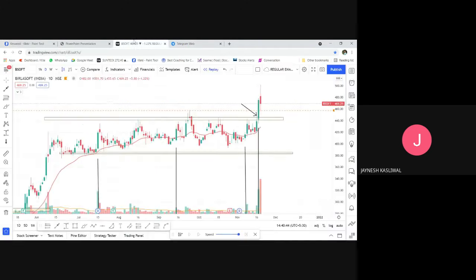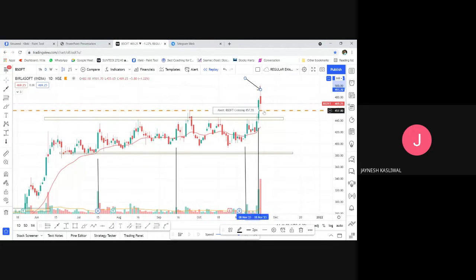Now, if you did not enter on this breakout at around 460 rupees, then it will be complete foolishness if you buy at around this area, 490, 500 rupees, right? So wait for the retest.